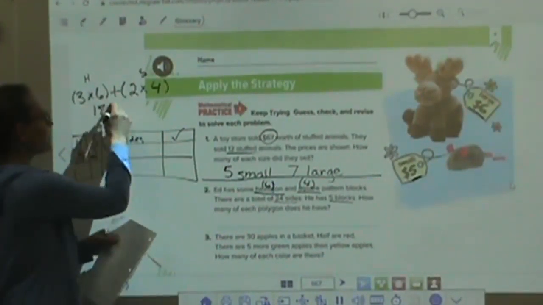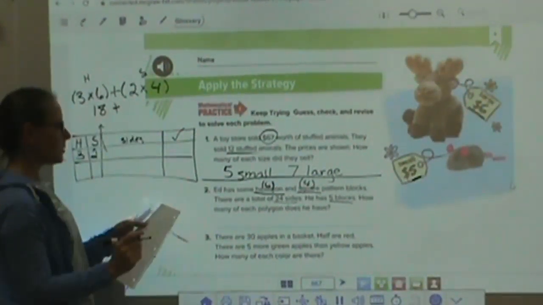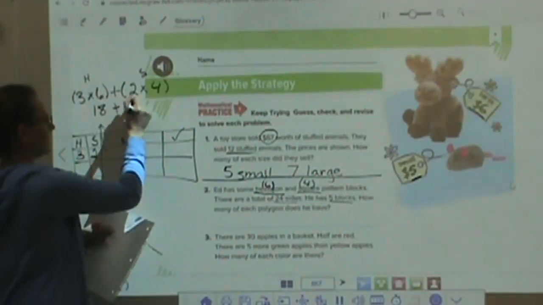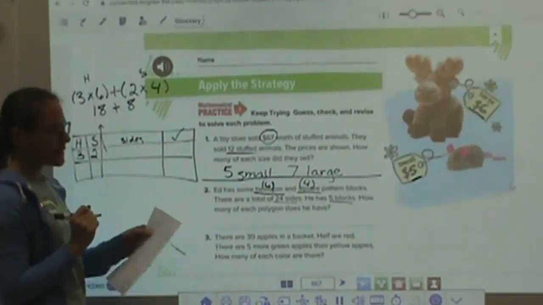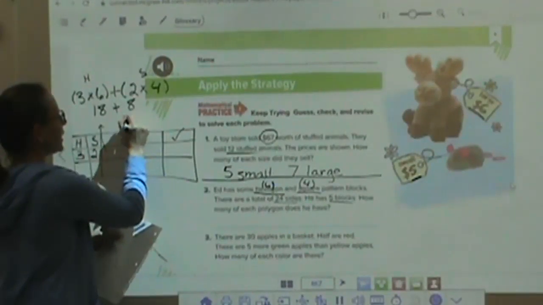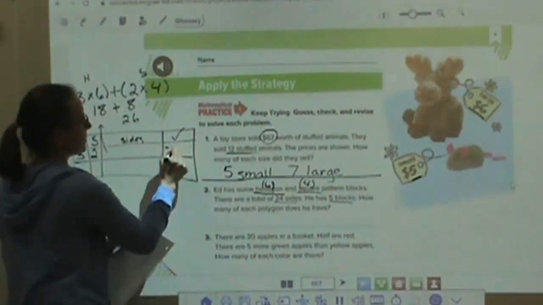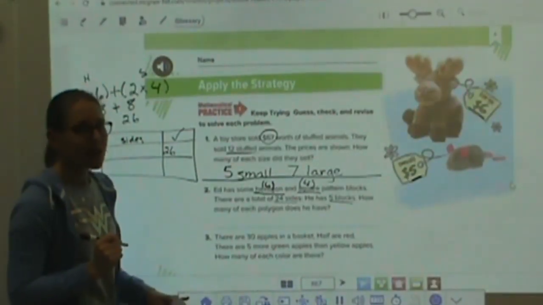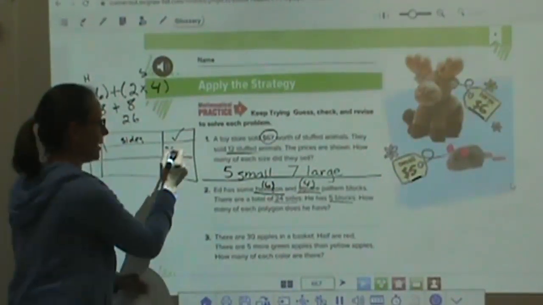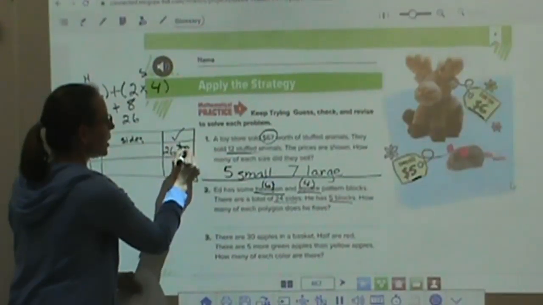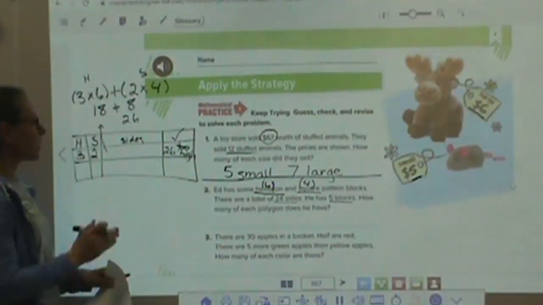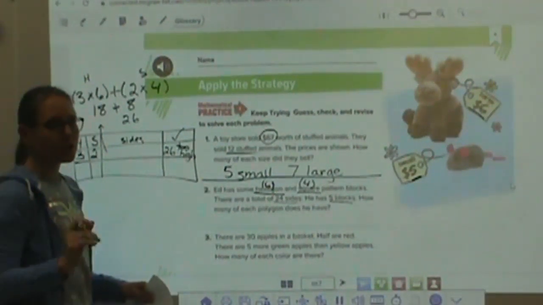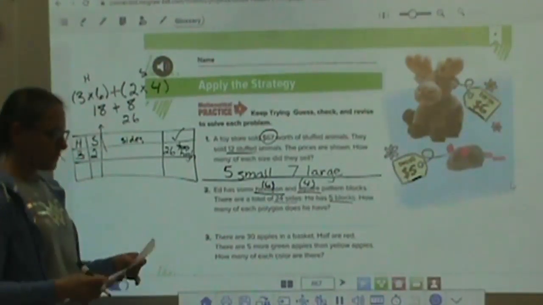And the squares, 4 times 2 is 8. 18 plus 8 is 26. Let's go back to our problem. We need to know 24 sides. 26 is too high. So the combination of 3 hexagons and 2 squares will not work.